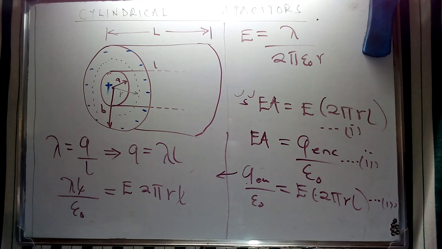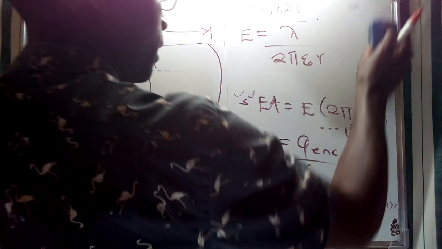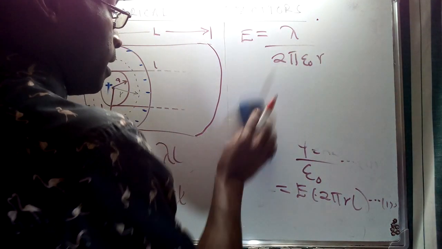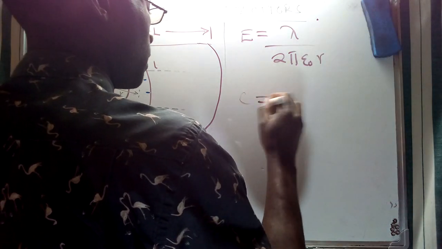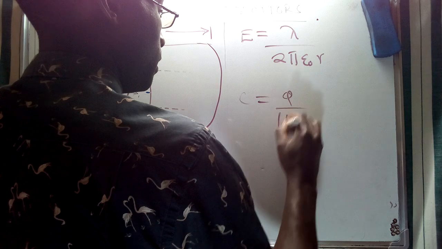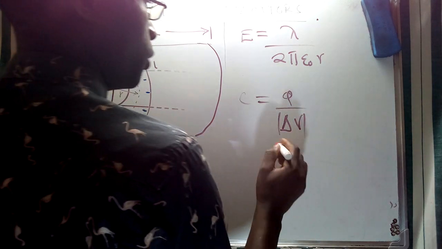But we had said that we are going to find the capacitance by trying to compare the electric charge and the potential difference. And therefore, we're going to look at the condition whereby we're going to have an integral of that specific difference, that is delta V. We had said that capacitance can be given as Q over the magnitude of the potential difference.